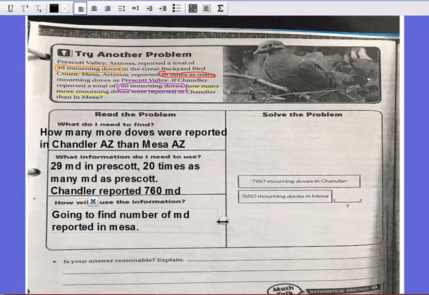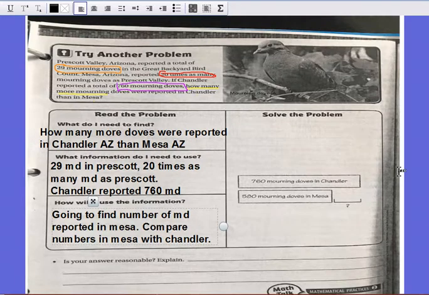Okay, and then you can use a bar graph to help you, but you don't have to. But then once you find that, you're going to compare the numbers in Mesa with Chandler. Okay?